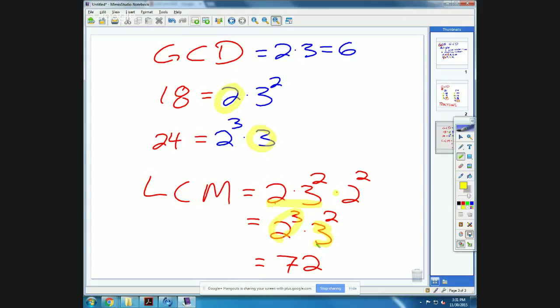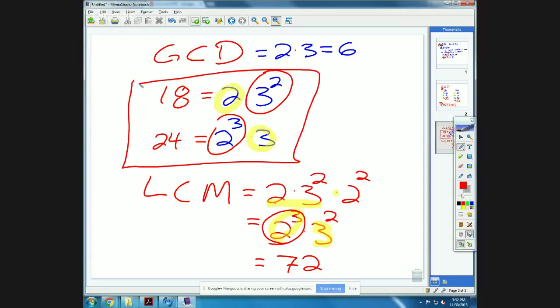Now, here's the remarkable thing though. Oops, new color. When I found the GCD, I chose, say, this 2 and this 3 here. The LCM, however, picked a 2 cubed. There's the 2 cubed. And it picked the 3 squared, and the 3 squared happens to live there. So what can we say about the factors that the GCD and the LCM chose from what 18 and 24 had to give?